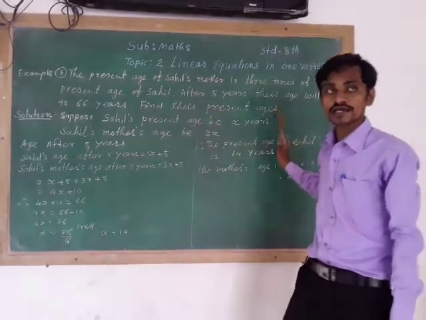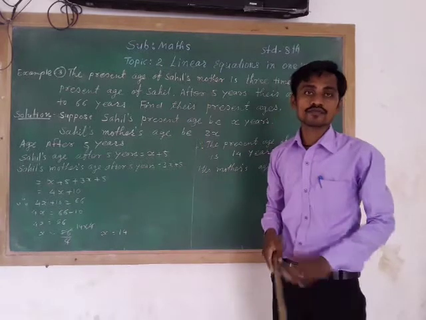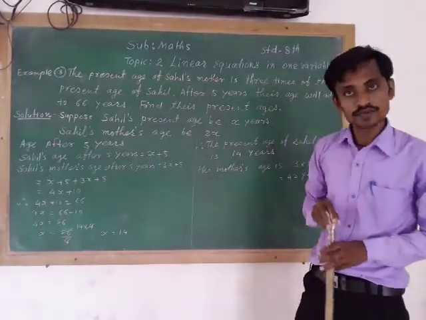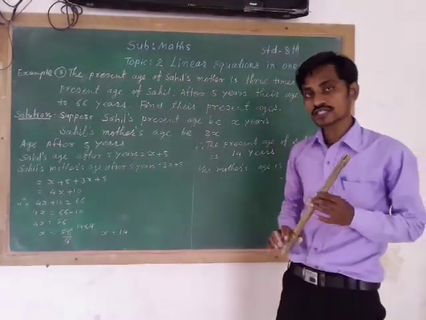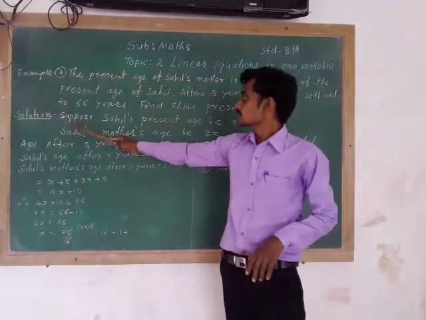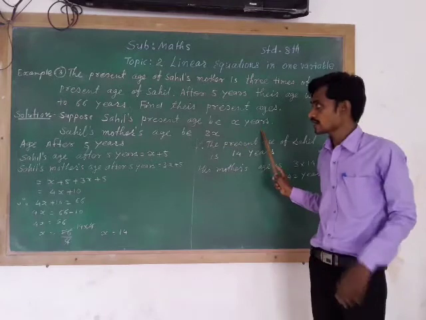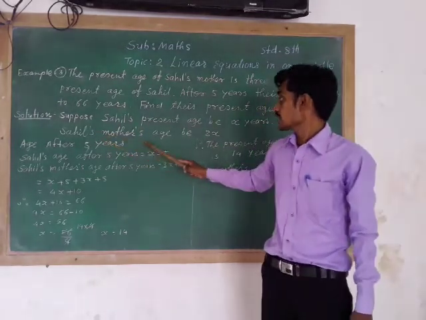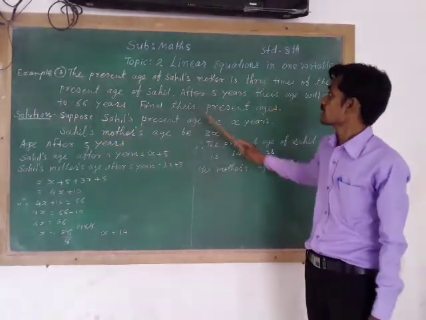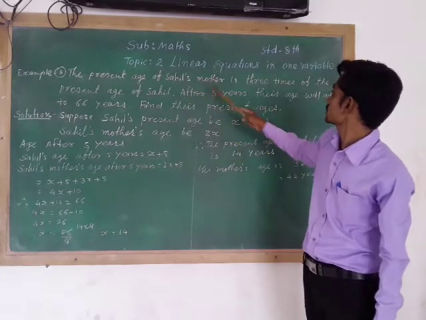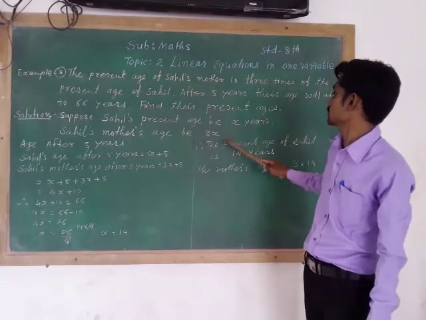Here we have to find the present age of Sahil and his mother. Okay. So how can we solve this now? So first, suppose Sahil's present age is x years. Okay. Sahil's mother's age is 3x. Why 3x? Because 3 times more. Okay. 3 times means 3x.